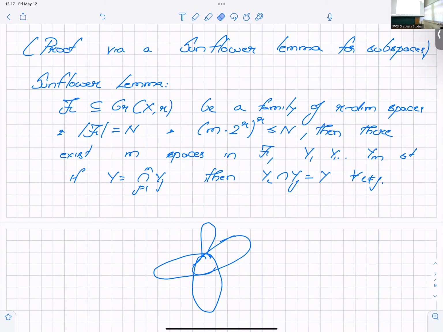There's nothing in the span. That's all it is stating, no? So the intersection yi intersect yj being y, as a set or as a linear space, they are the same, no? Yeah. It is the set intersection.